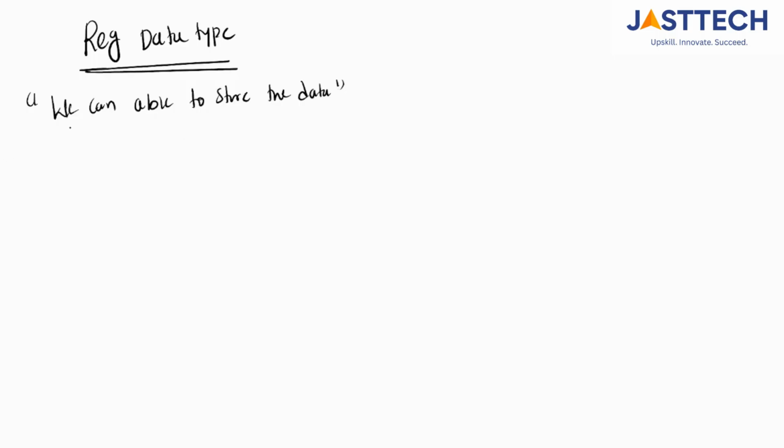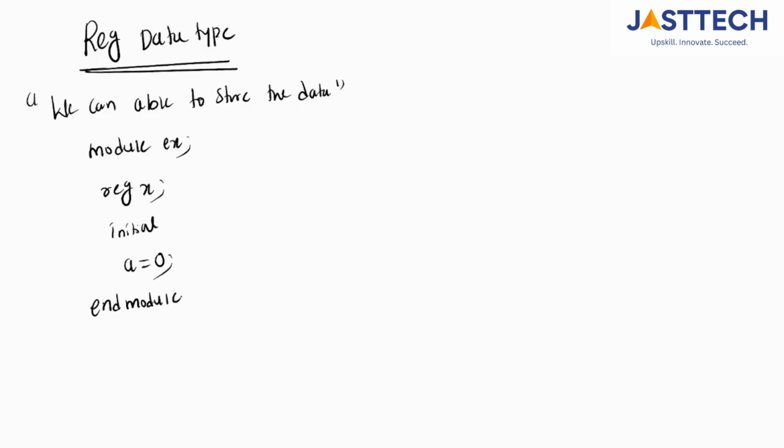Suppose module example, I am considering reg a, and I am using initial a equal to 0, end module.